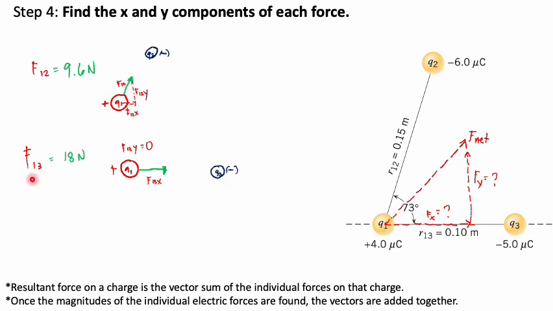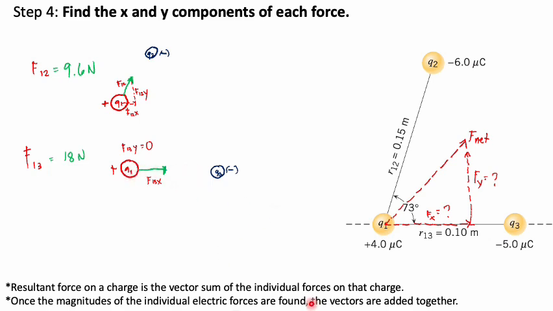F13, on the other hand, only has its X component since it is lying on the X-axis. So, this is F13x and there is no Y component. Okay? Because Q1, or the force on Q1 by Q3, only lies on the X-axis.